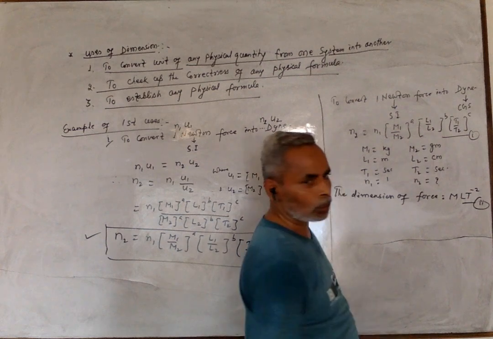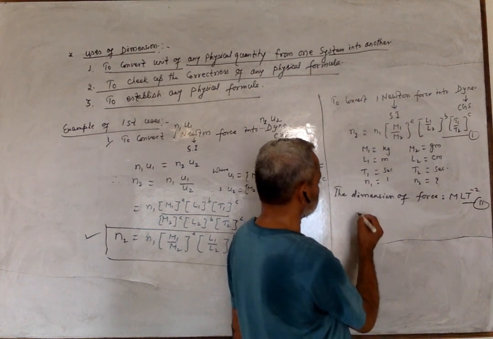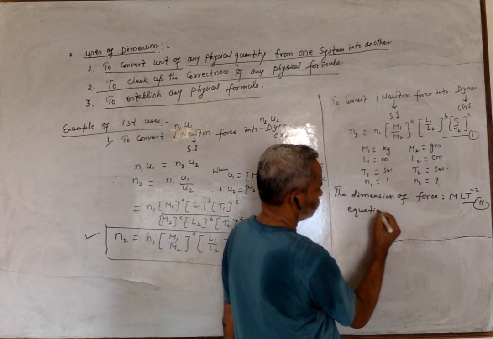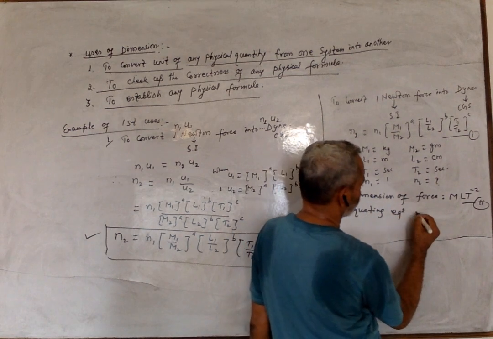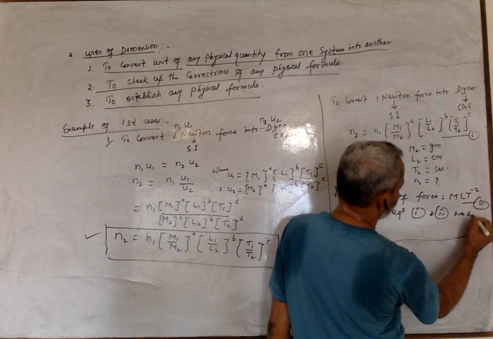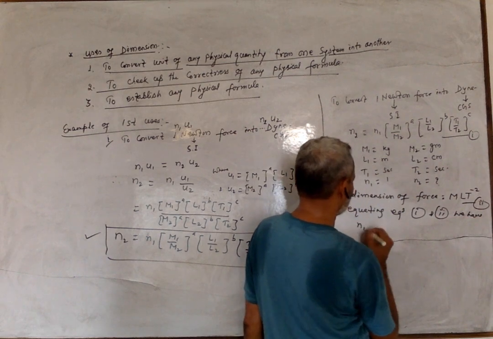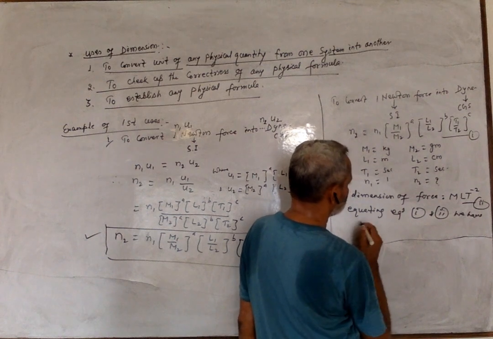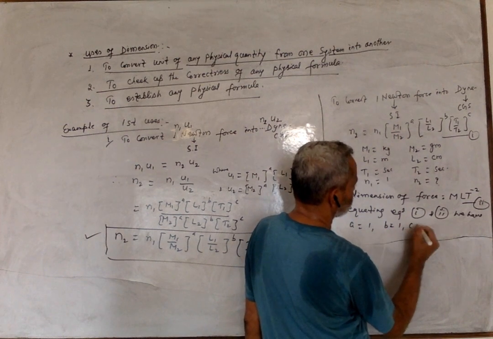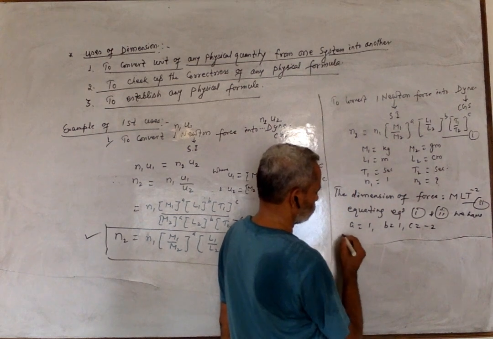Now using the principle of homogeneity, equating equation 1 and 2, we have a equal to 1, b equal to 1, c equal to minus 2.